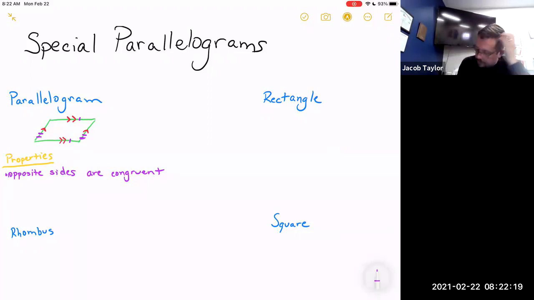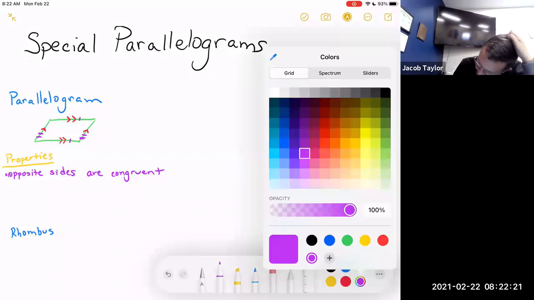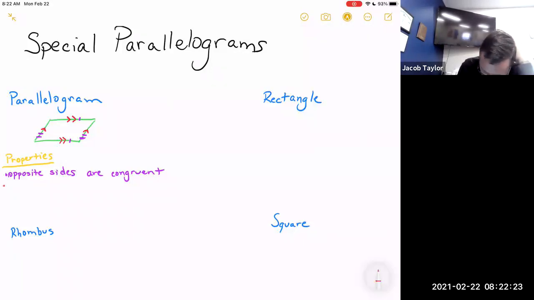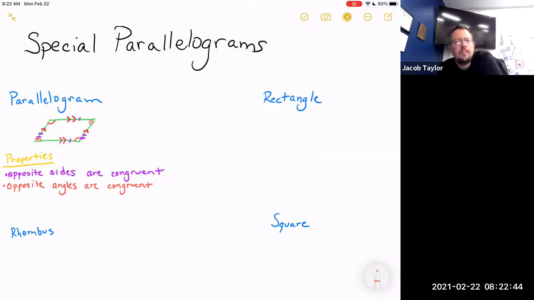We also know that opposite angles are congruent. Meaning this angle is congruent to this angle, and this angle is congruent to that angle.